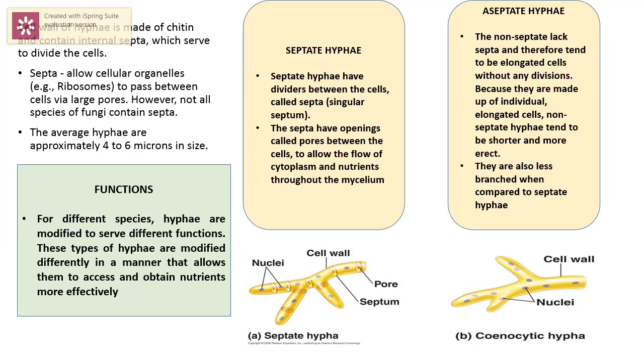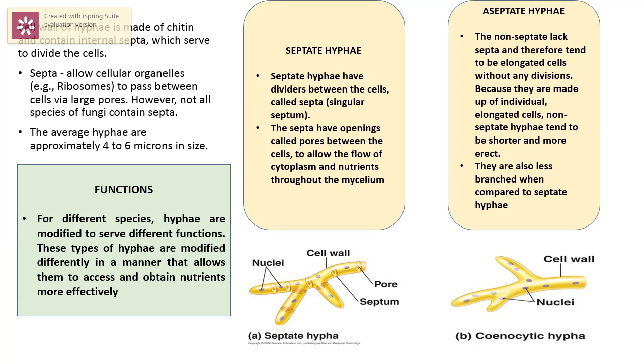Now this septa is sometimes perforated enough to allow the passage of ribosomes or certain cytoplasmic molecules. However, in some fungi it is aseptate. So depending on the presence of internal cross walls, or septa, the hyphae of the fungi are classified into septate hyphae and aseptate hyphae.